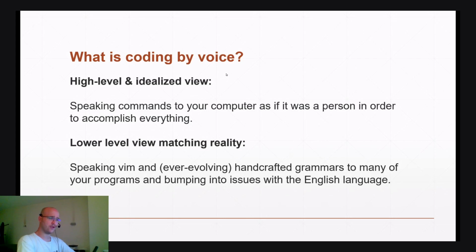And what happens when you do that is usually you bump into every issue that the English language, because people primarily use this, of course, every issue in the English language will essentially bite you. There are a lot of homophones, things that sound alike, and you end up essentially bumping into all of these.